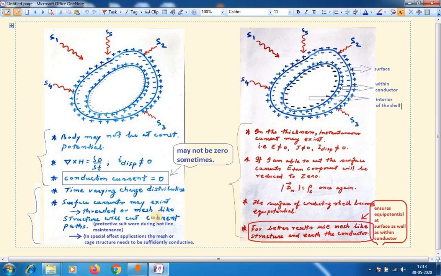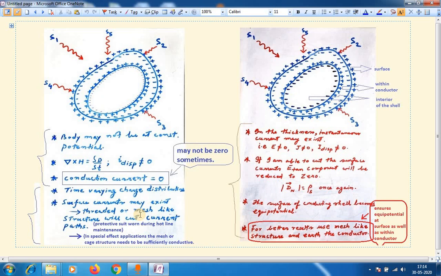Okay, now the thing is how to design, means what should be the design of this cage. See, the most important thing that we shall prove is that whatever may be the enclosure, whether it is in the form of a cage or in the form of a completely solid shell, the important thing is the field inside.